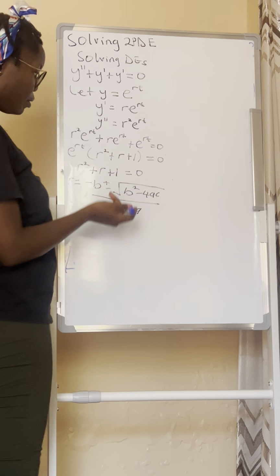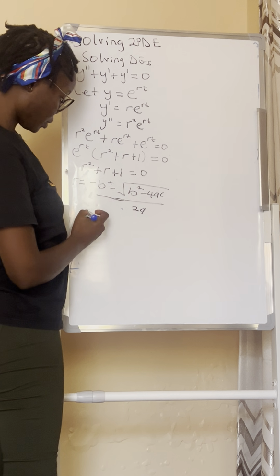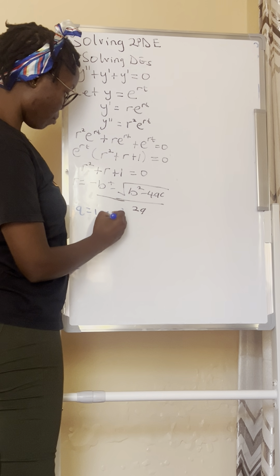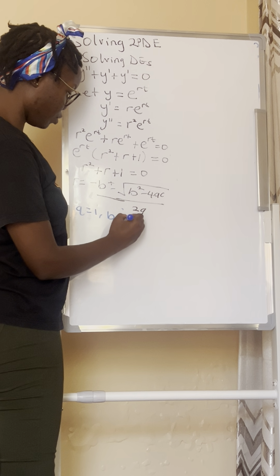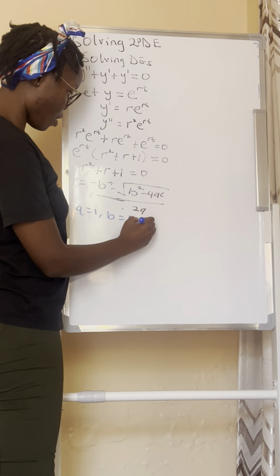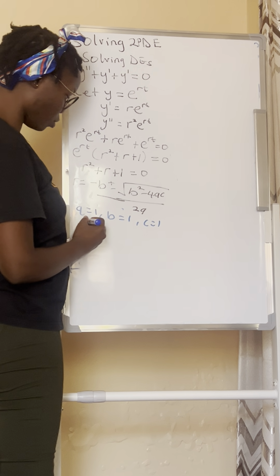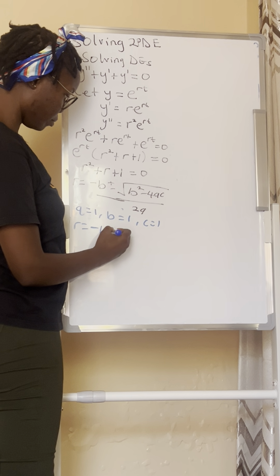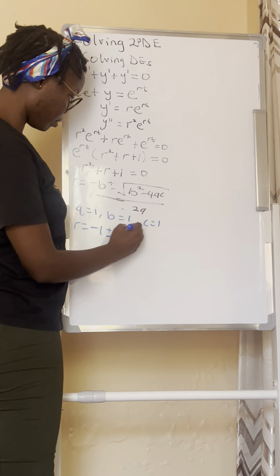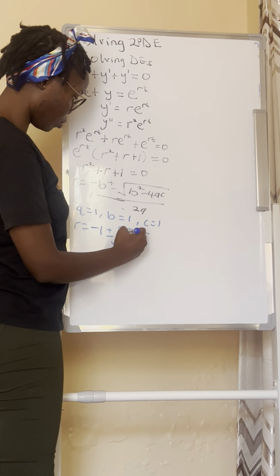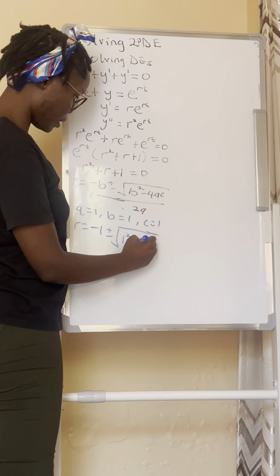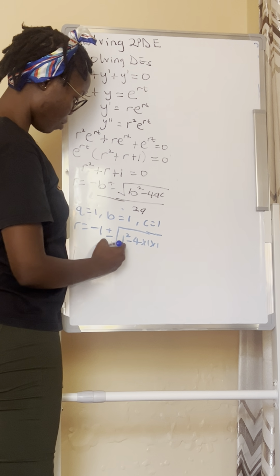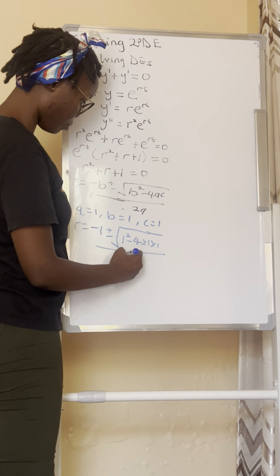In this case, our a is 1, our b is 1, our c is 1. So r is equal to negative 1 plus or minus the square root of 1 squared minus 4 times 1 times 1, over 2 times 1.